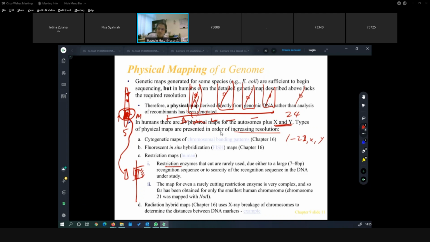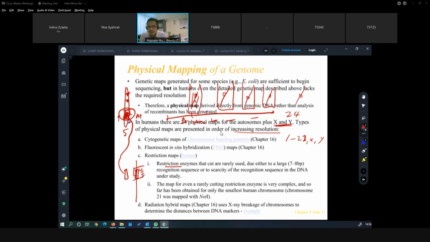So you have information of increasing resolution. Restriction enzymes that cut rarely are used, either due to a large recognition sequence or due to scarcity of the recognition sequence in the DNA studied.